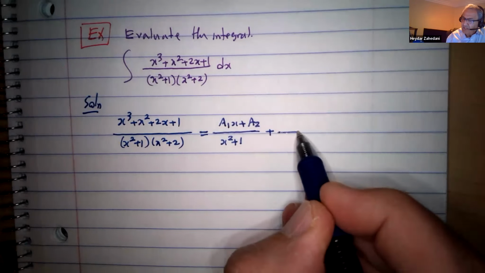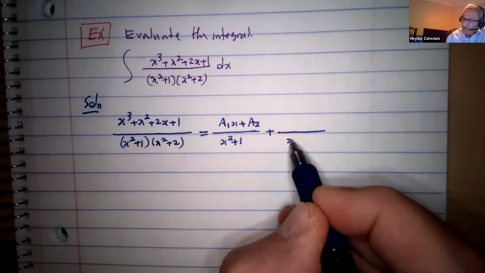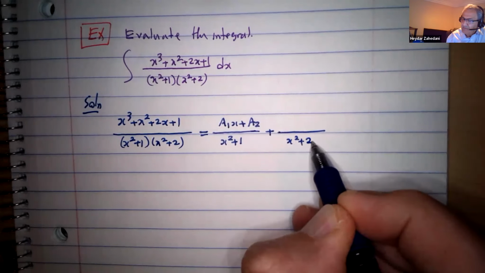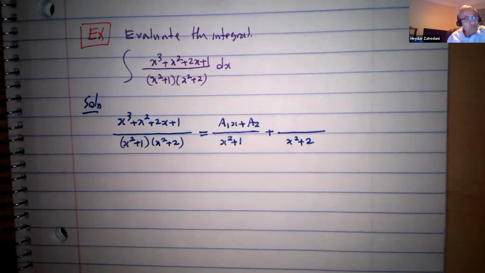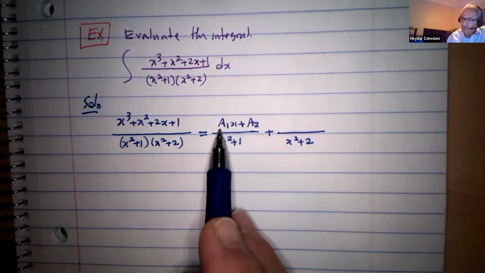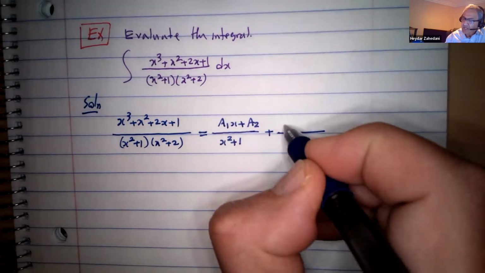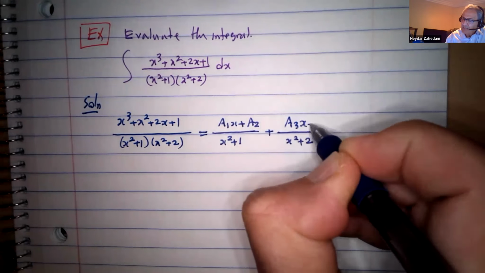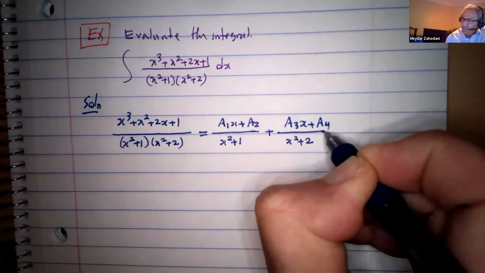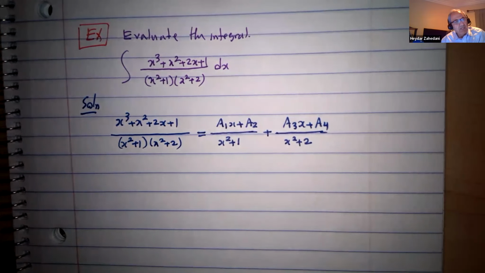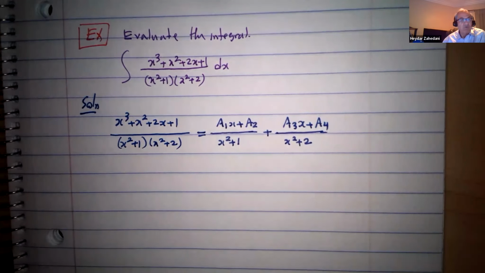Now we continue with another one. The other one is x squared plus 2. Again, it's not factorable, so you put a similar one over here. You already used A1 and A2, so it's going to be A3x plus A4. So you need to find A1, A2, A3, and A4 for these special numbers.